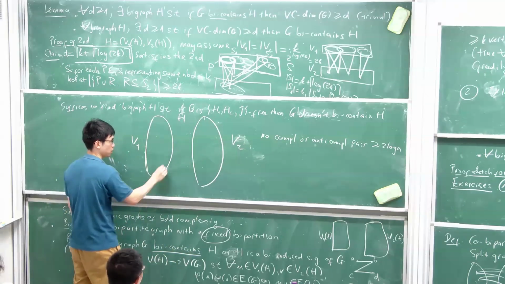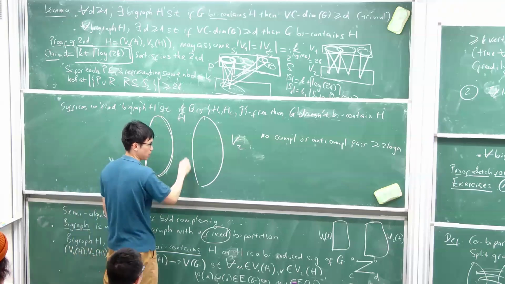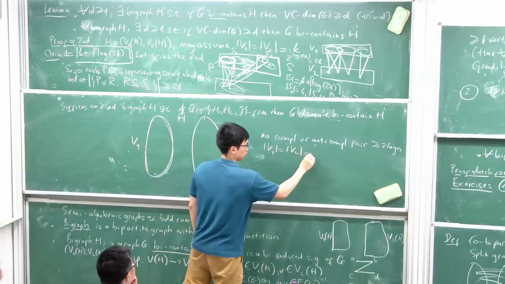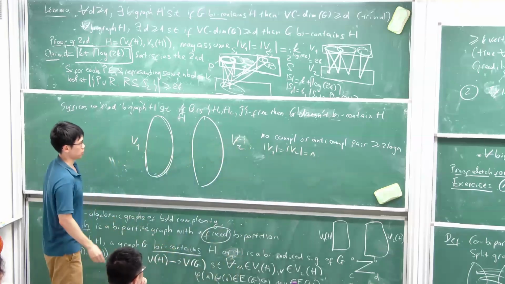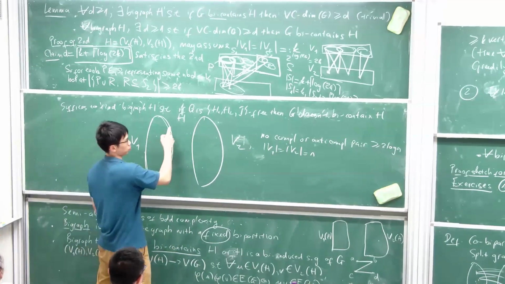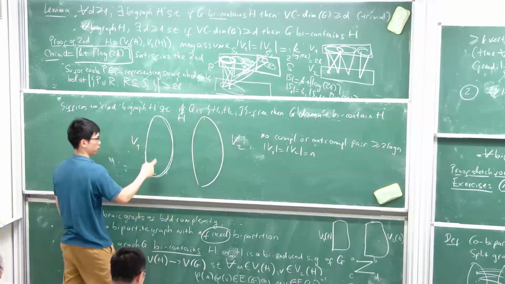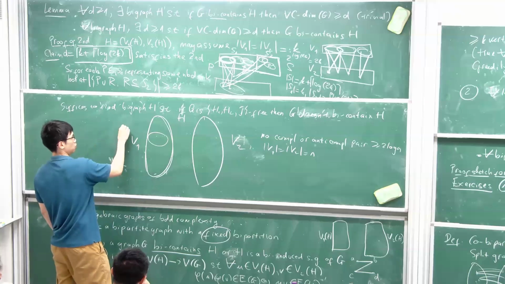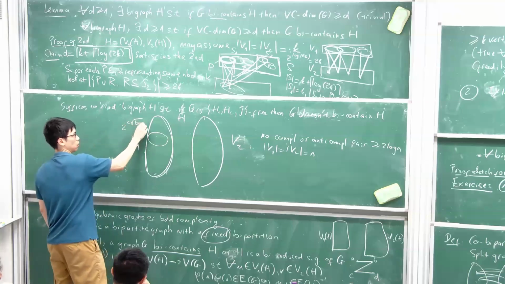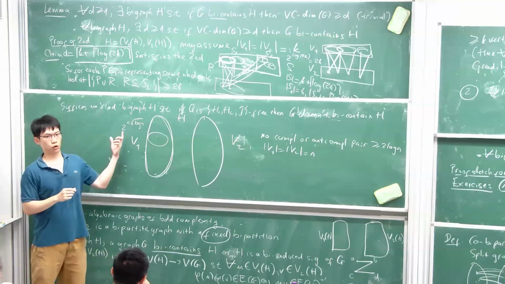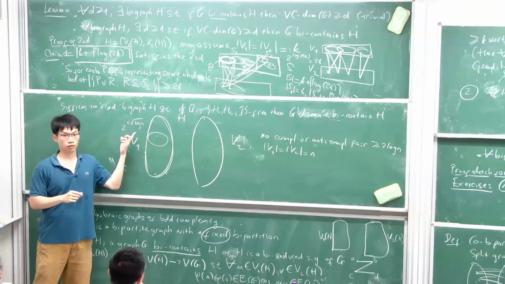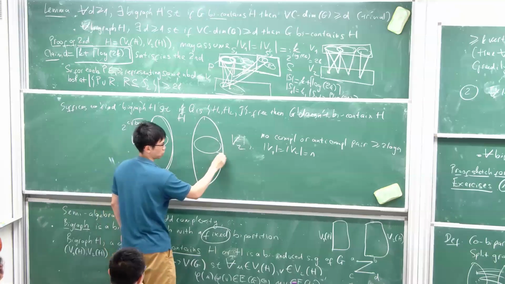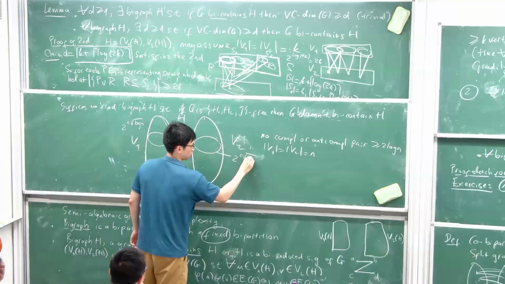Now we look at what's happening inside V1 and inside V2, where V1 and V2 have size n. Since G is H1, H2, and J3-free, from V1 you can get a clique or independent set of size at least 2 to the c root log n. This is what the Erdős–Hajnal bound says. From V2 you can also get a clique or independent set of size 2 to the c root log n.